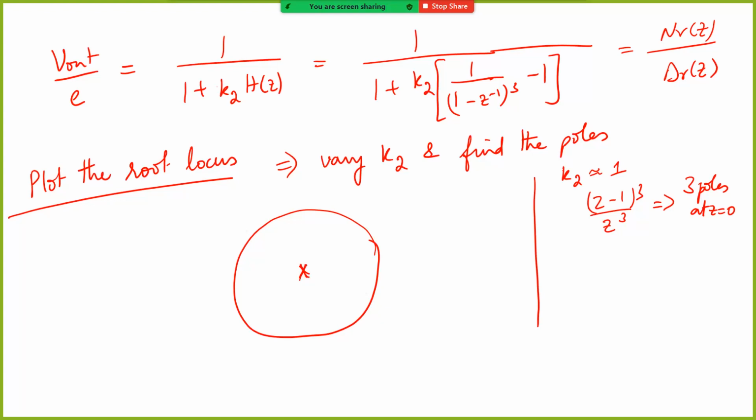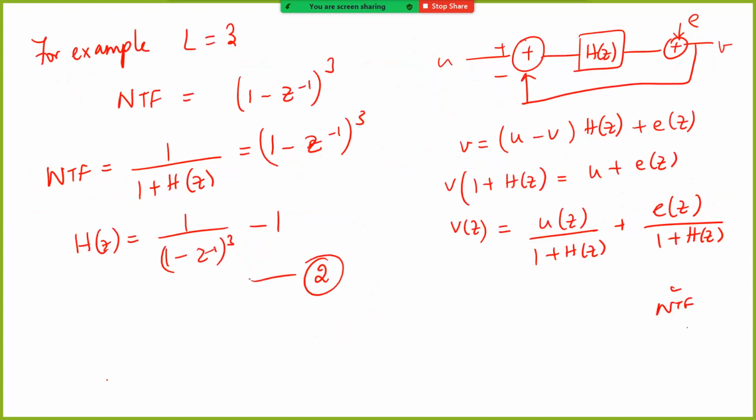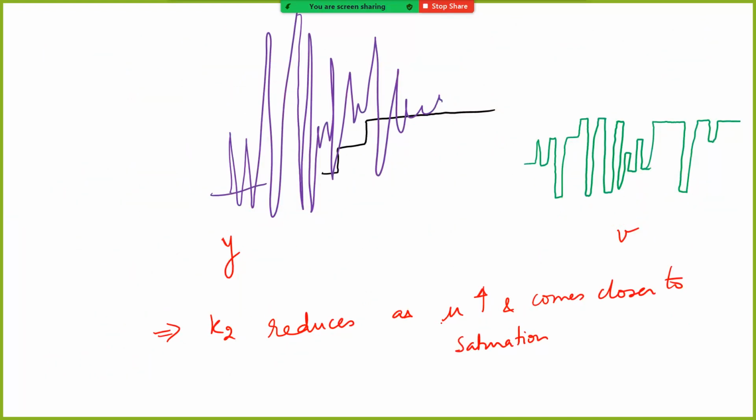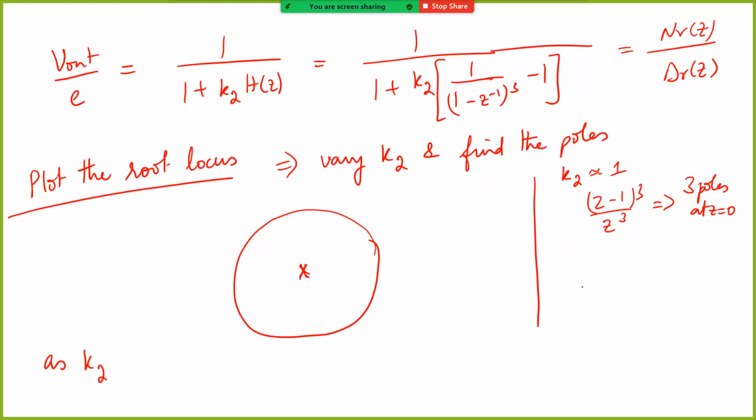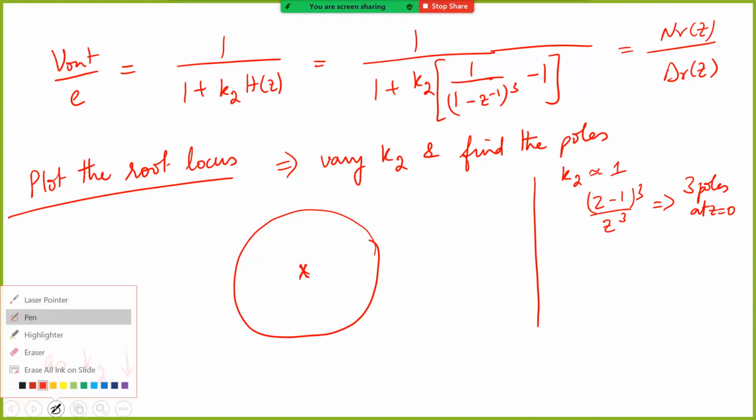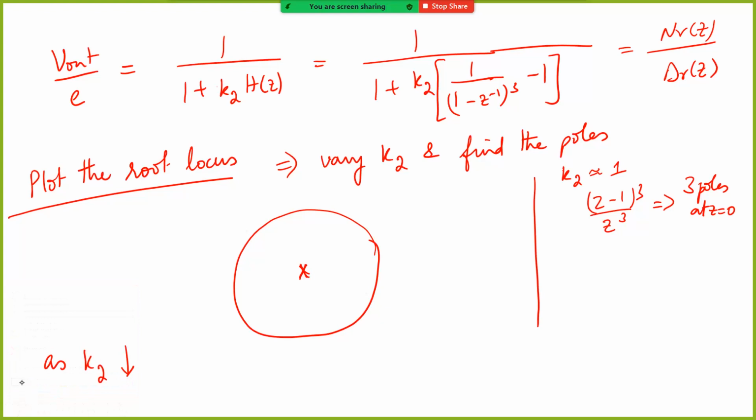Now, as K2 starts dropping, which is what we saw, as the signal moves closer to the quantizer saturation regime, K2 starts falling down, and so we are going to evaluate and see what happens as K2 falls. It turns out that for the third order delta sigma modulator, there are 3 poles. One pole moves like this, and the other 2 are complex conjugates. Basically they move like this and go like this.